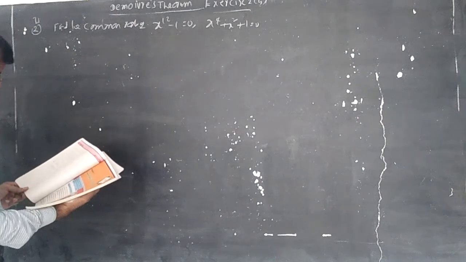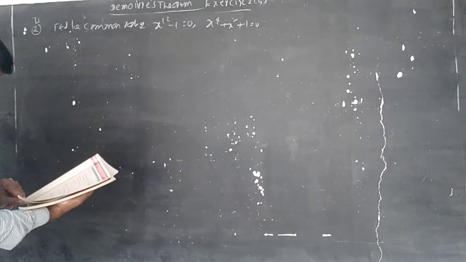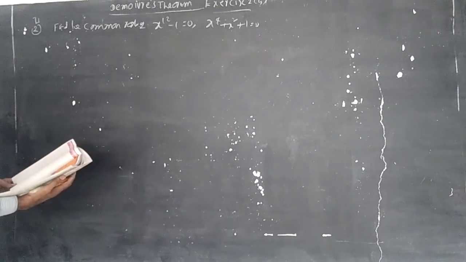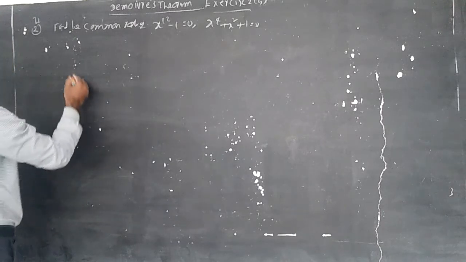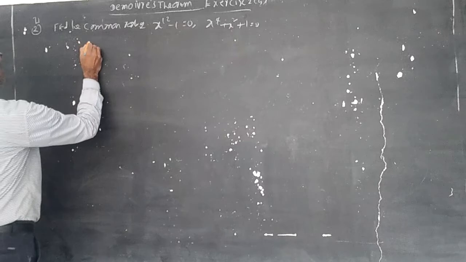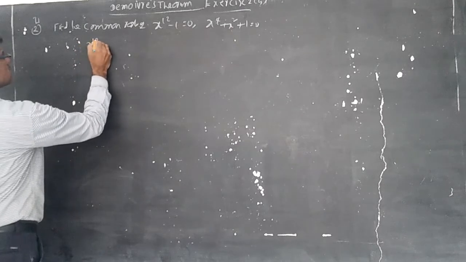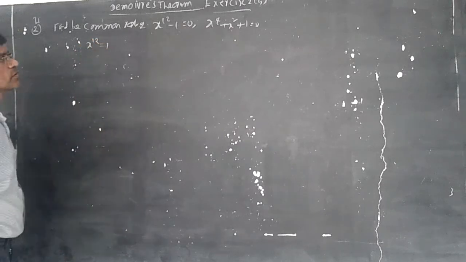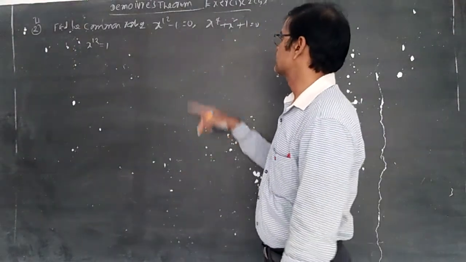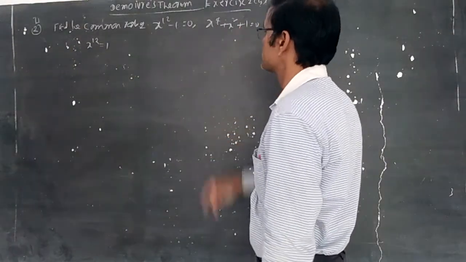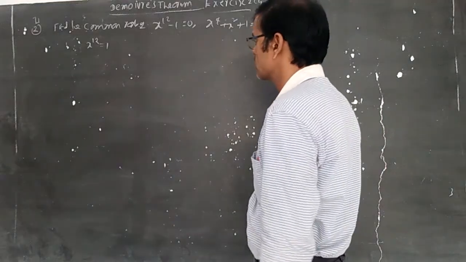These many roots are not there. Maybe let us try. x power 12 is equal to 1. We substitute here omega power 4 plus omega square plus 1, it's okay.